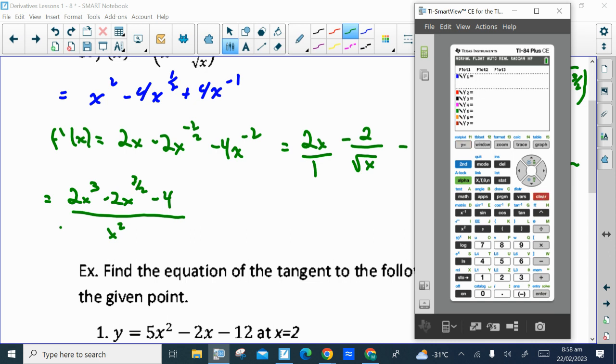So our original expression for the derivative was 2x minus 2x to the power negative 1/2 plus 4x to the power negative 1.